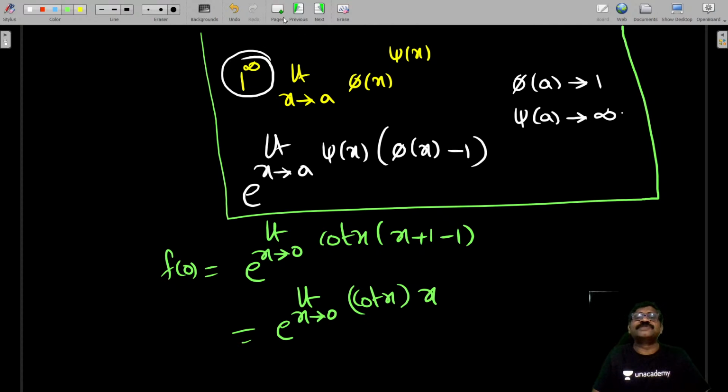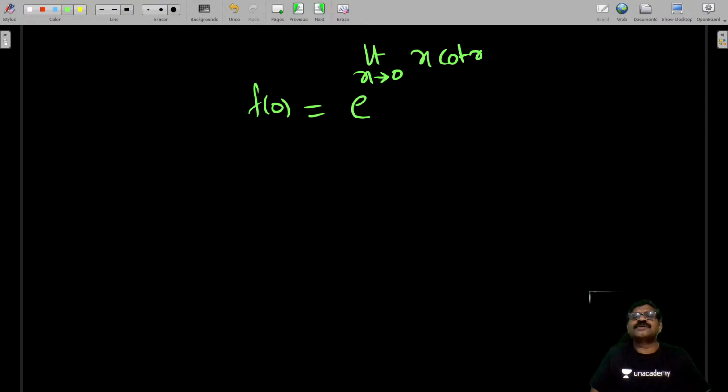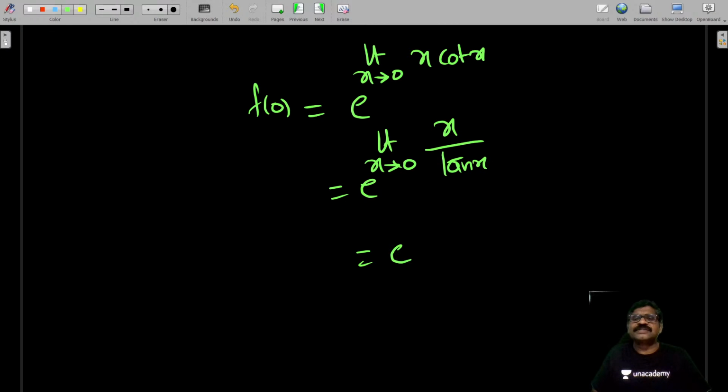That can be written as e power limit x tends to 0 x by tan x. That is nothing but e power 1.